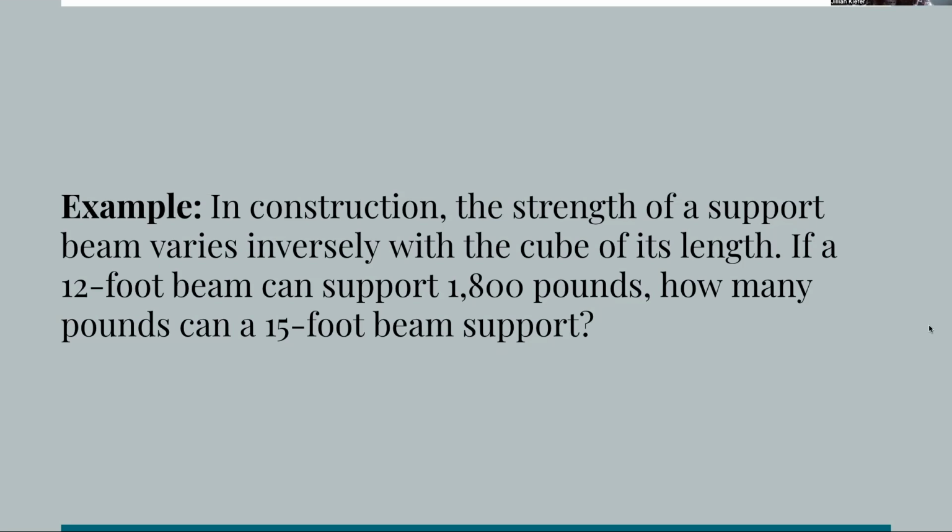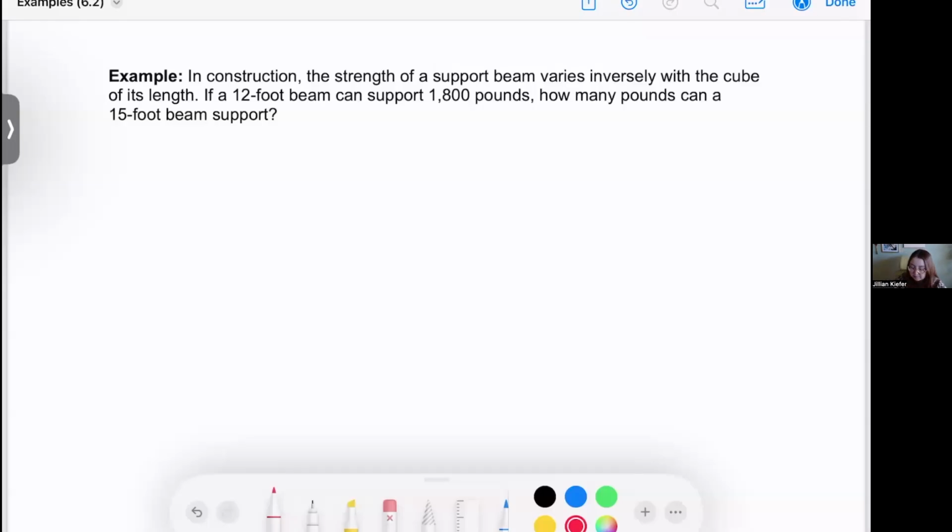All right, so let's go ahead and do this one together in our notes. Like we said, this problem is an inverse variation. So we want to remind ourselves, inverse variation is y is equal to k over x, some constant of proportionality divided by x.